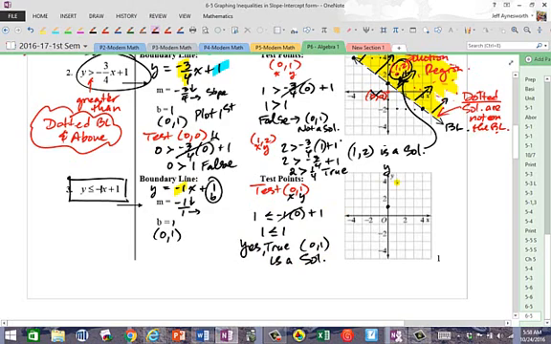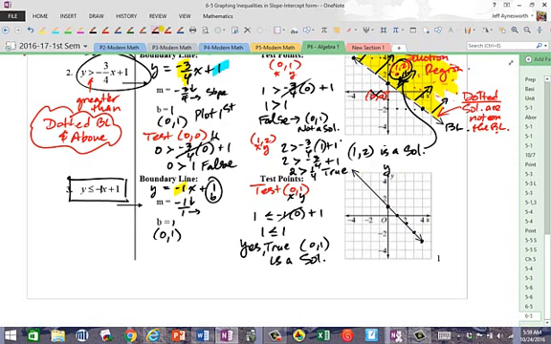Oh, I had to graph the equation here too, so I'm sorry. Got a little ahead of myself right there. So let's go down 1, right 1, down 1, right 1, down 1, right 1, and plot the line, okay? Sorry about that, guys. I should have done that in the beginning. Use your pencil. Okay, so you graph your boundary line. Here it is right here. There's your boundary line.